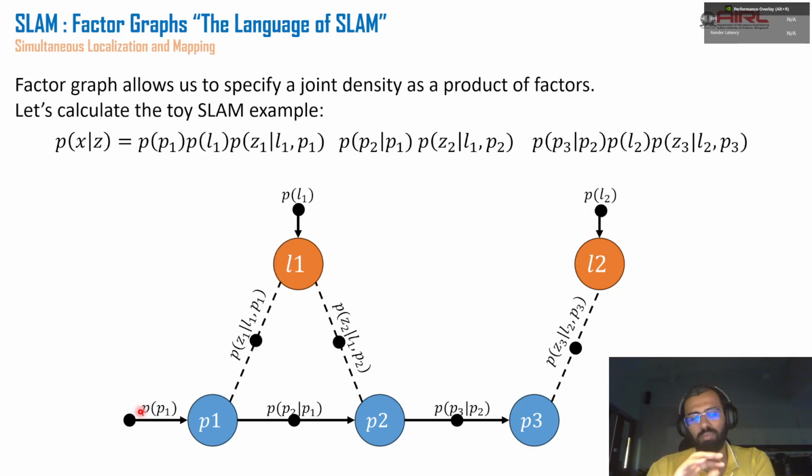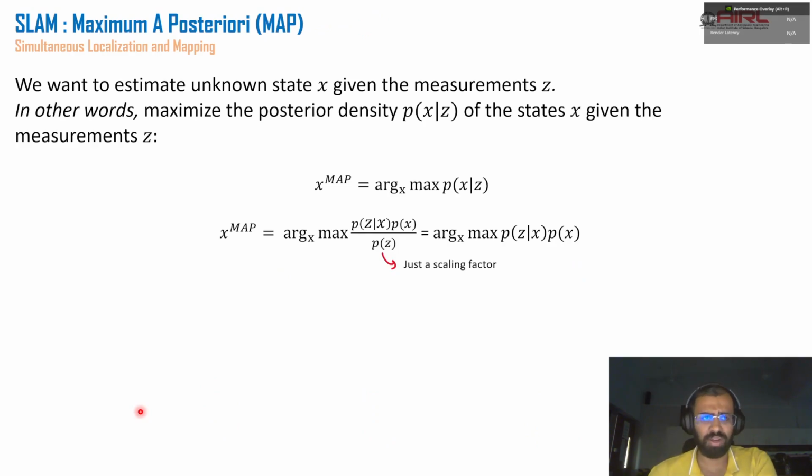And that's a very important point to understand: we're going to work with this term called product of factors a lot, multiplicative, right? Why, you ask me? There's this thing called MAP, where what you want to find is the particular state which has the maximum a posteriori probability.